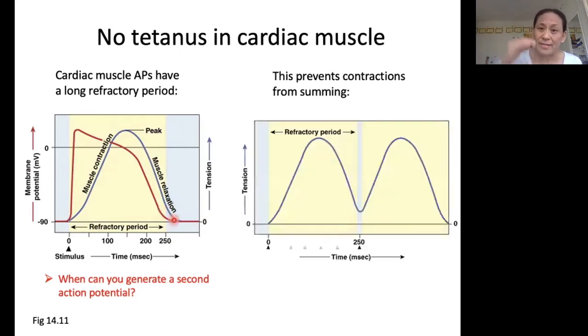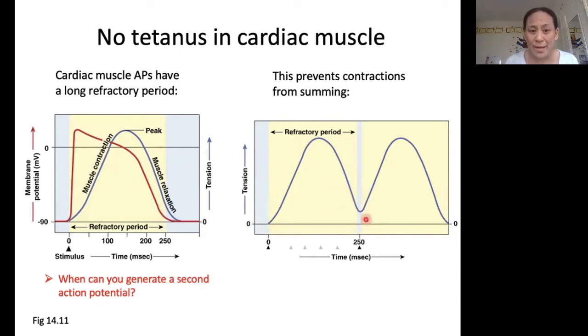As a result, it's not possible to do what we did in the previous slide with skeletal muscle, where you can add another muscle contraction on top of the existing one, because the first muscle contraction has already almost ended. So that's shown right here. Oh, and I guess I answered this question in the process. You generate your muscle tension from that first action potential.